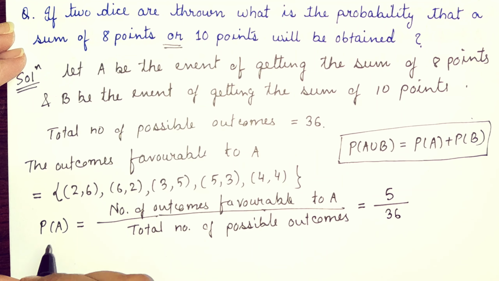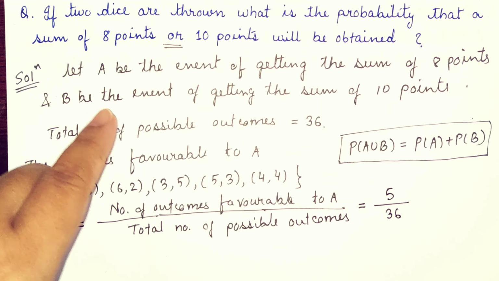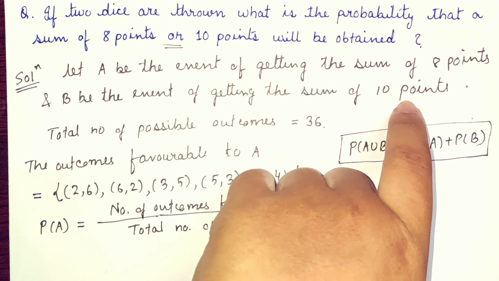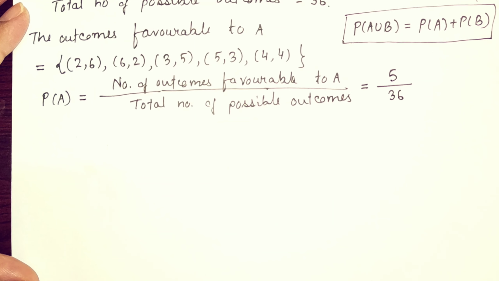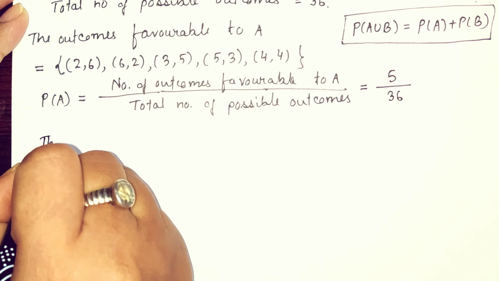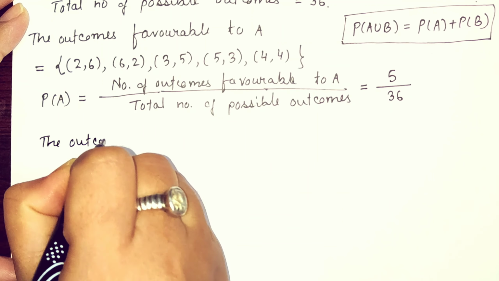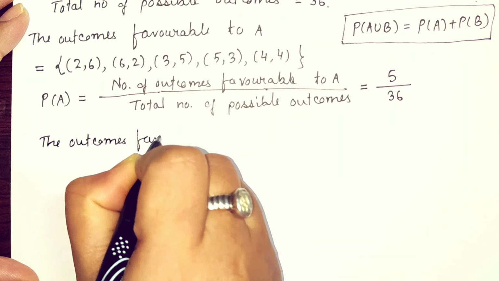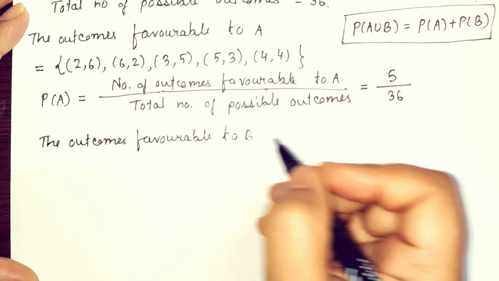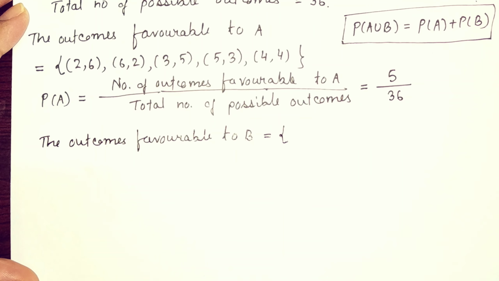Then we have to find the outcomes favorable to B. Now B is the event of getting a sum of 10 points. The outcomes favorable to B, sum of 10 points.